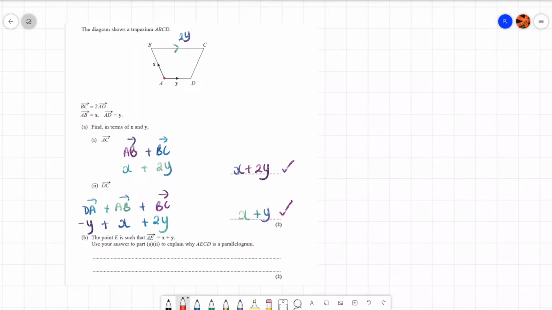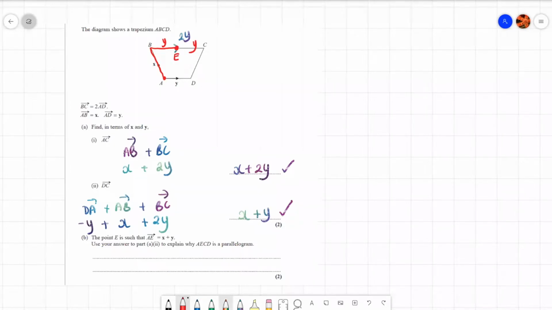You can see we've got A here. If I go here, I'm going to have X. And actually, if I stop here and I put E here, watch what happens. What's halfway? The whole length is 2Y, so that is Y, and we can say that's Y. Okay, so I know that's that.